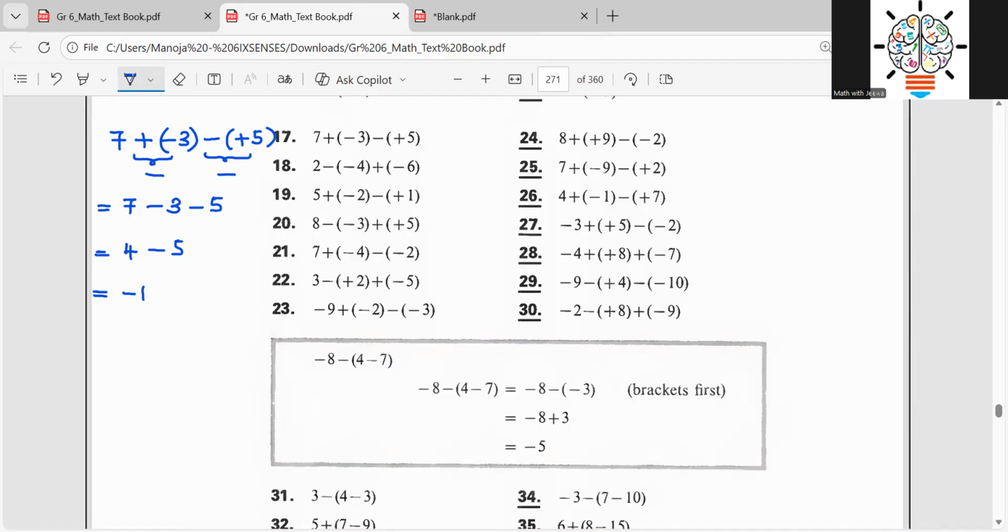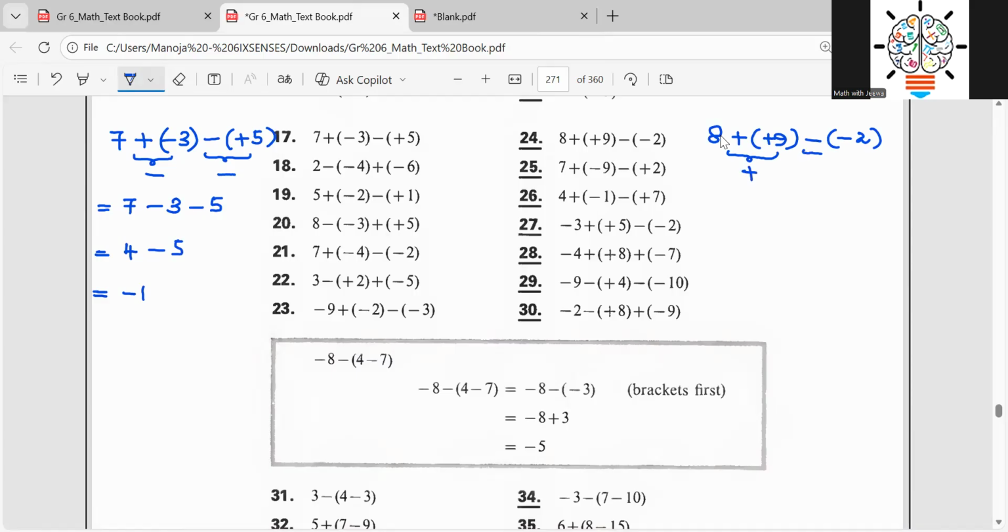I'll do another question, question 24. Just watch what I'm doing: 8 plus 9 minus 2. Don't worry about what we need to do. First think about how to convert the two signs into one. Here I have positive and positive. When you multiply the same signs, you get a positive answer.